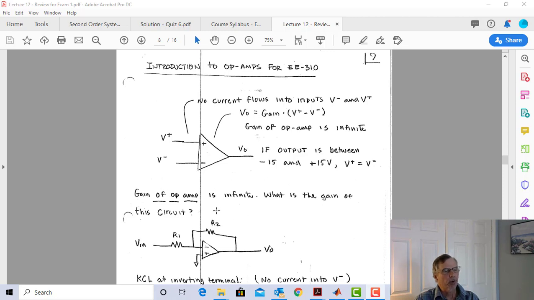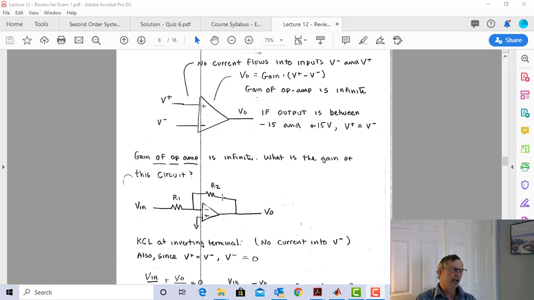So now let's work with it a little bit. The gain of the op-amp itself is infinite, but the gain of the circuits that use op-amps is not infinite. Sometimes that confuses students. The gain of the op-amp itself is infinite, but the gain of the circuit isn't. Why is that? Because we have feedback around the op-amp.